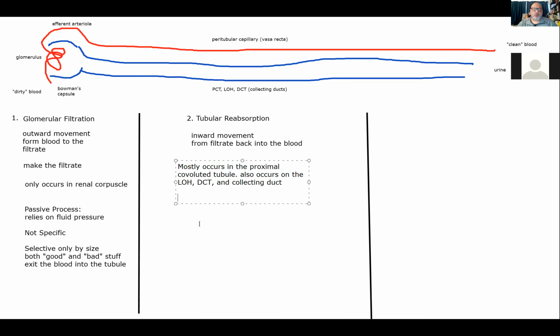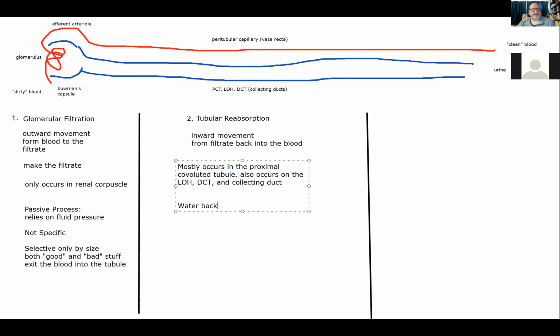Now, with this tubular reabsorption, what type of stuff are we going to want to bring back into the blood? Water? True, absolutely. Definitely water is going to be one of them. Absolutely. Water is definitely one of the things that we want to bring back.